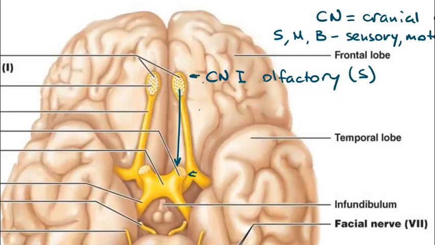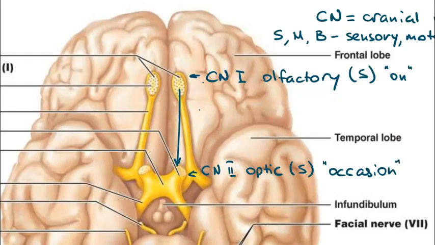That is cranial nerve 2, optic, also sensory. If you want, I can also include right now the words for the mnemonic rule, so we have the whole picture. So olfactory goes with "on", optic nerve, "occasion".